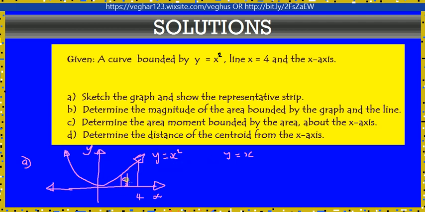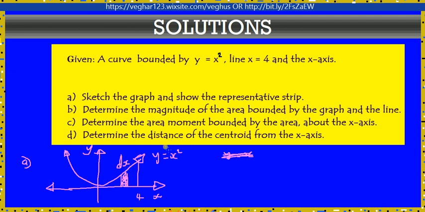Also on the positive it goes up, but on the straight line it doesn't. The straight line goes straight to this side. So this is your straight line. This is how you draw your graph.